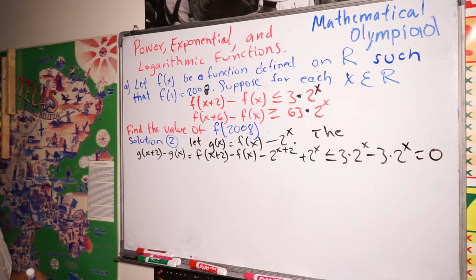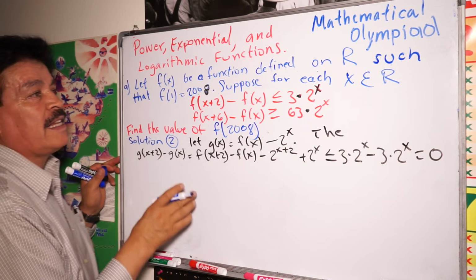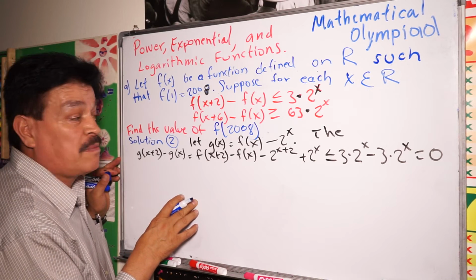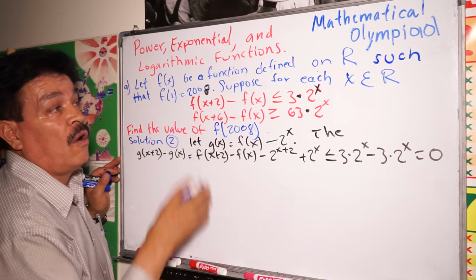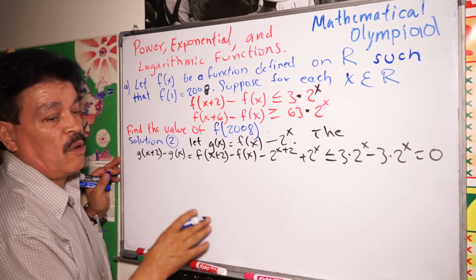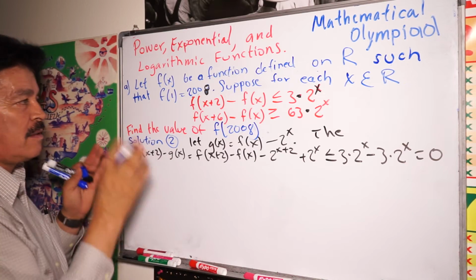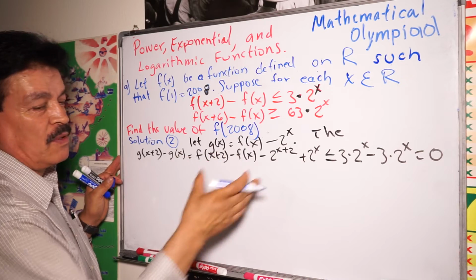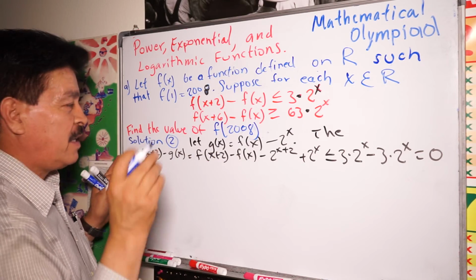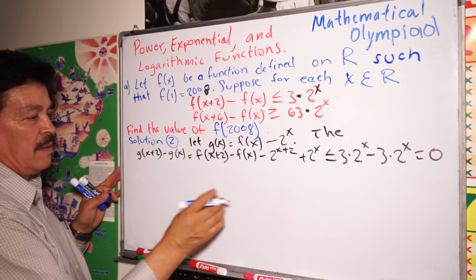This is a little bit longer process. These kinds of problems, you need to be very smart to find the solution. It's a Mathematical Olympiad, a very complex problem. But once you practice this and see the process, you're going to be a master of this kind of exercise.